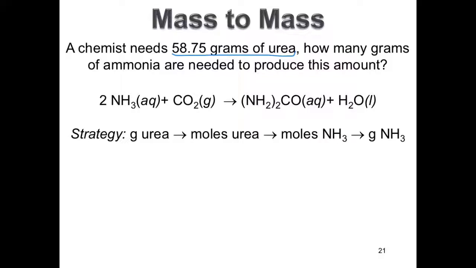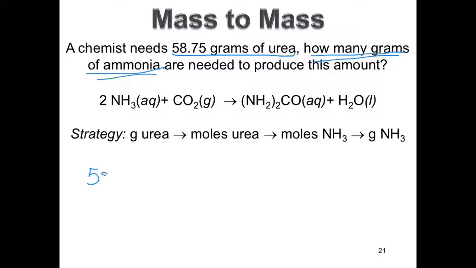How many grams of ammonia are needed to produce that amount? So the strategy here is to go from mass of urea to moles of urea using the molar mass, going from moles of urea to moles of ammonia using the stoichiometric ratios, and finally using the molar mass of ammonia, calculate the mass of ammonia.